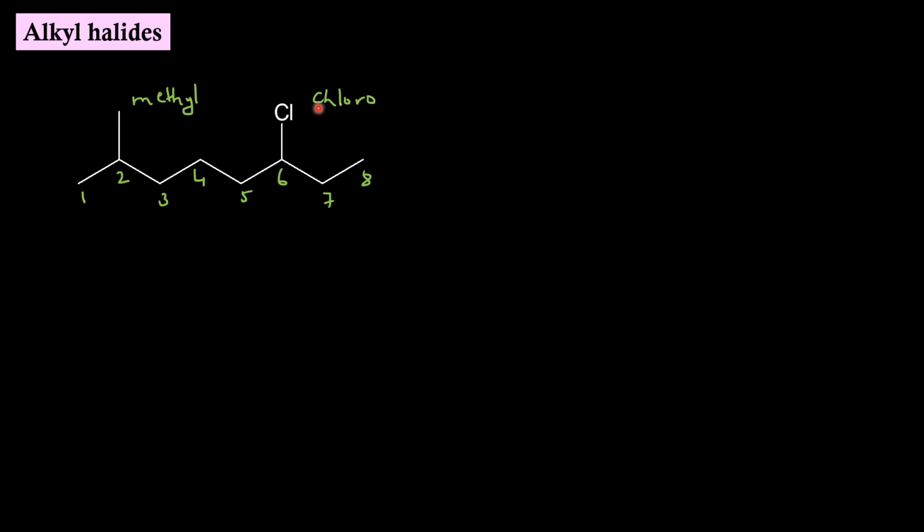Since C comes first in the alphabetical order, this prefix will be mentioned first. So secondary prefixes will be 6-chloro, 2-methyl. Root word will be oct. Primary suffix is ane. IUPAC name will be 6-chloro-2-methyloctane.